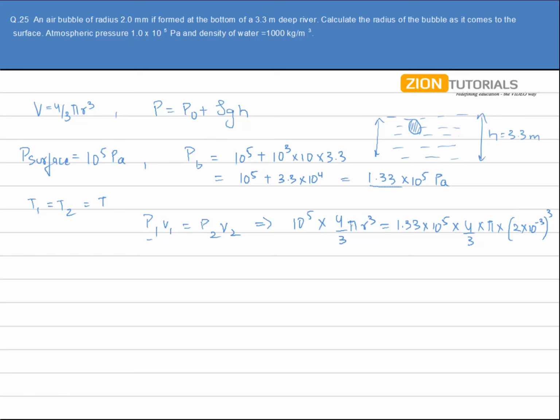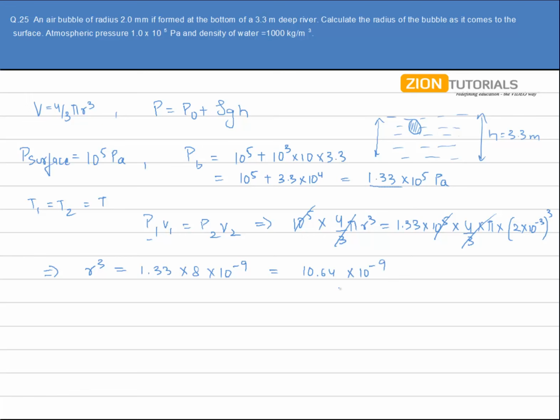Right, so we can cancel out 4/3 pi from here, and 10 raised to power 5 from here. So r cube would be equal to 1.33 into 8 into 10 raised to power -9, and if we calculate 1.33 into 8, this will be 10.64 into 10 raised to power -9, right?